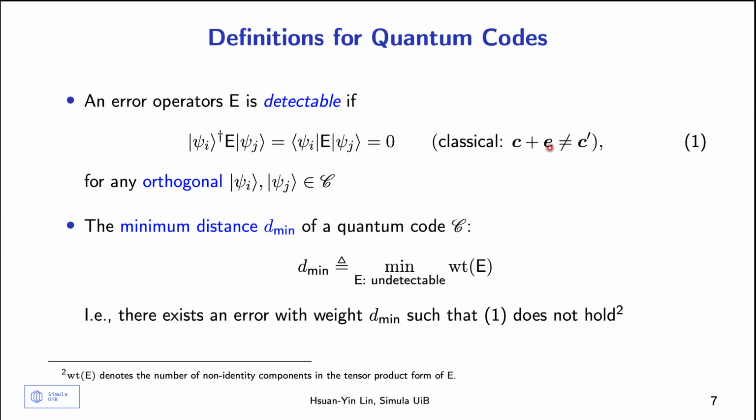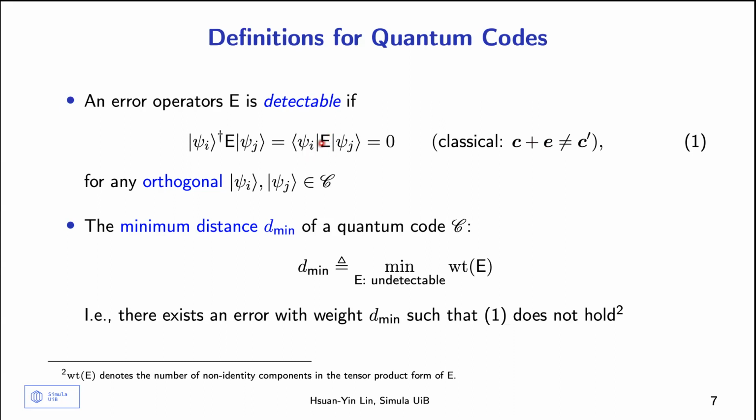An error is detectable, right? It's actually quite easy. If you have a set of code words, and you find an error, and this error is actually not another code word, then it's detectable because it's not in the set of your code book. So this is the same, right?